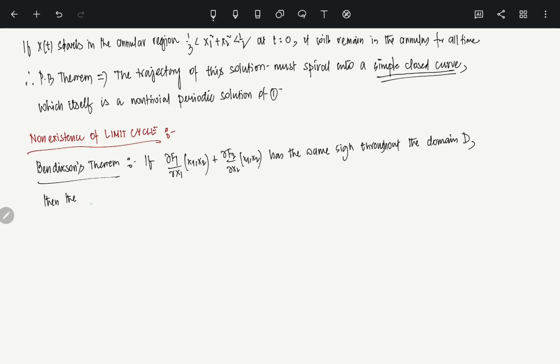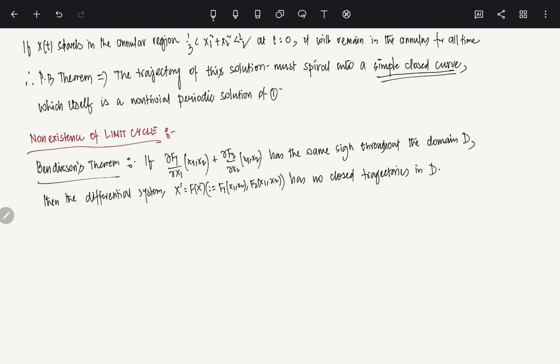the differential system x prime equals f of x, where f of x is written as f1 of (x1, x2) and f2 of (x1, x2), has no closed trajectories in the domain D. So basically, this is a very easy theorem.